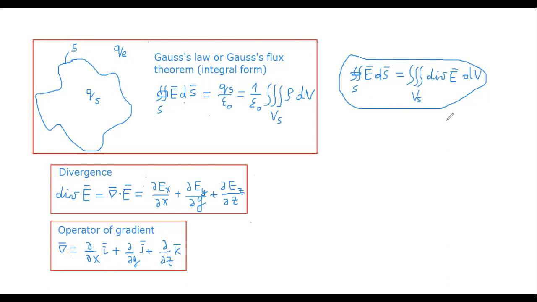So let's continue. We can use this here and we will obtain the triple integral over V of the divergence of vector E dV, and it is equal to the triple integral over V of rho divided by epsilon 0 dV.